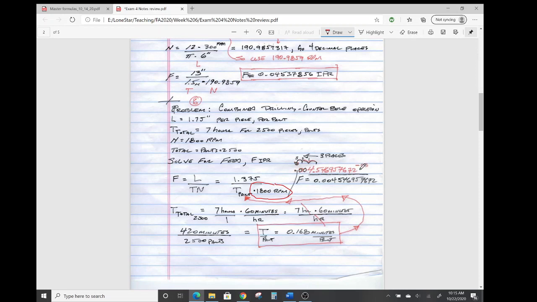It may say E negative 3 or whatever. All that means is you move the decimal place over 3 times, so you get 2 zeros in front of the 4. So in normal decimal land, it's 0.004546957672. And yes, that's more decimal places than a human probably should need for this kind of stuff.